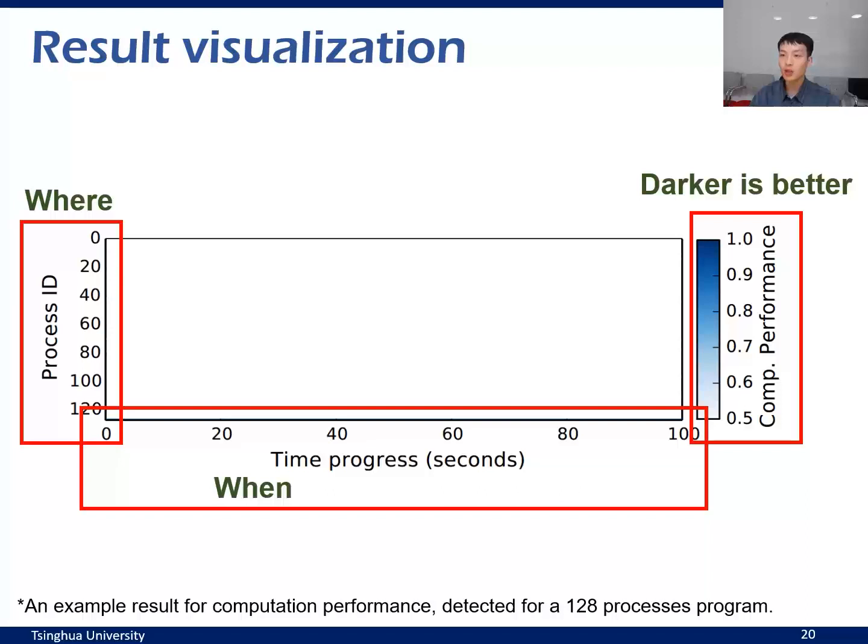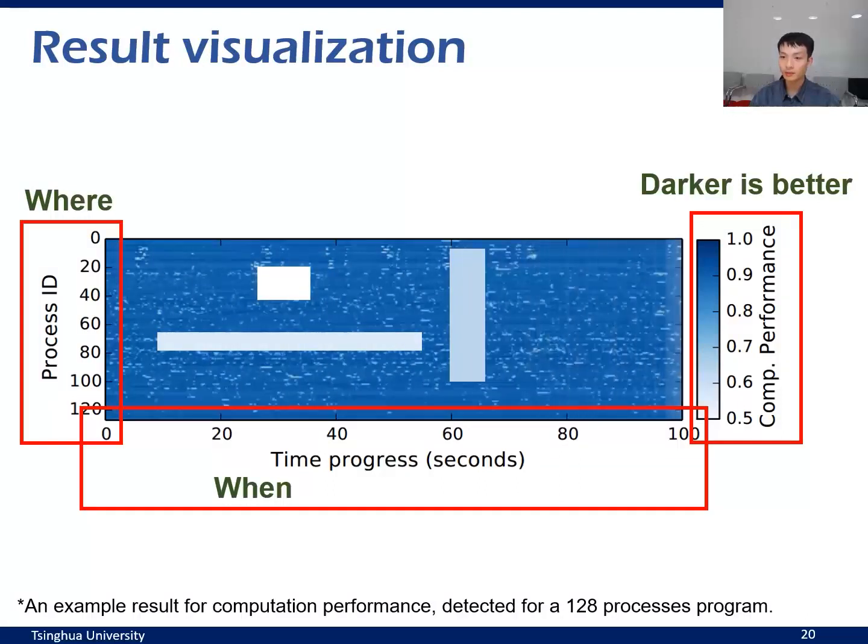At runtime, our tool will calculate the relative performance for each process at each time slice. In this result, performance variance will be represented by white blocks. Users do not need to investigate tons of logs. They only need to find light color blocks in this figure. We will see more results in the experiments.